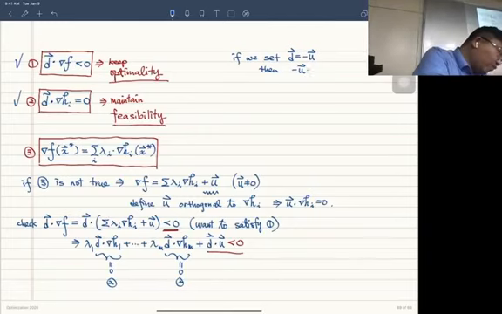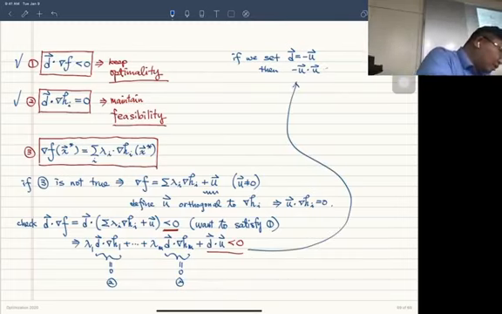So from here we will have this, and this shall be negative at this point. d is a vector that helps you find a new point.